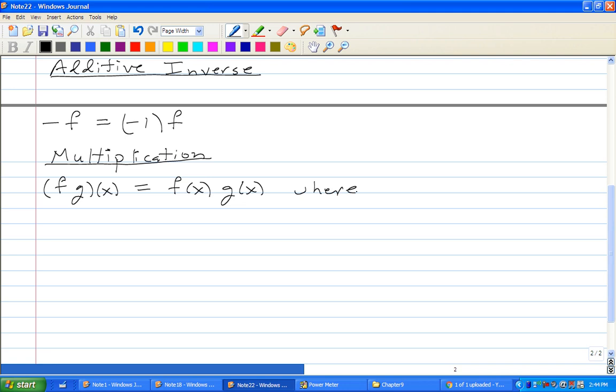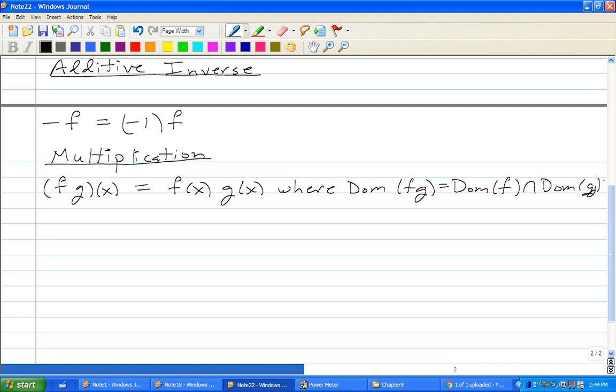The domain of f times g is just equal to the domain of f intersect the domain of g.